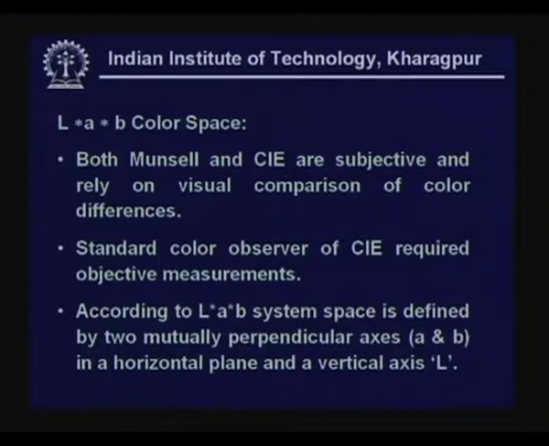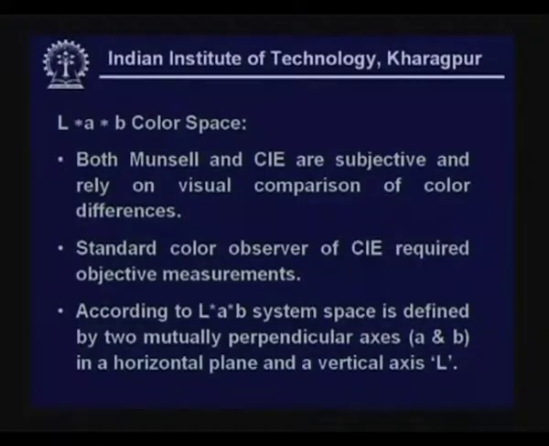Now, the LAB system takes the space where you are trying to specify the color in terms of two mutually perpendicular axes A and B and a vertical axis L. In some sense, it is similar to the Munsell system, where you had three dimensions: hue, value and chroma.